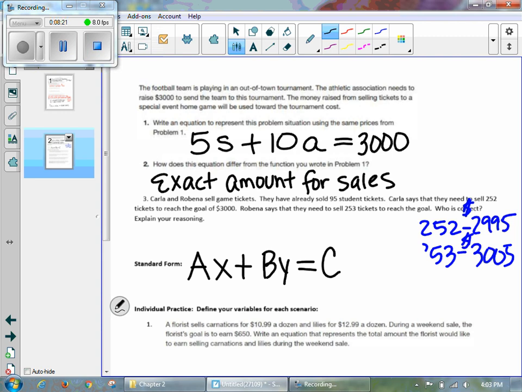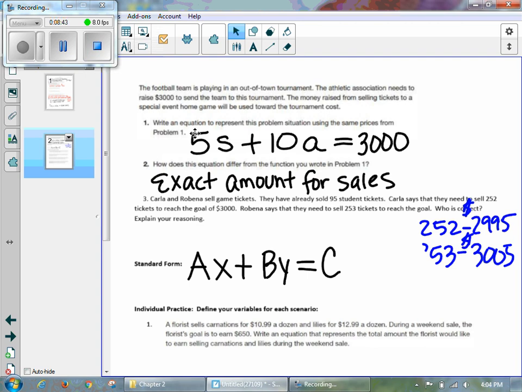It's the exact amount. A and B represent two different quantities, and x and y are the units for those quantities. Now, this is helpful because in the future, you're going to be asked to find the x and the y intercepts of this expression, and you need to have it in this form to do that.